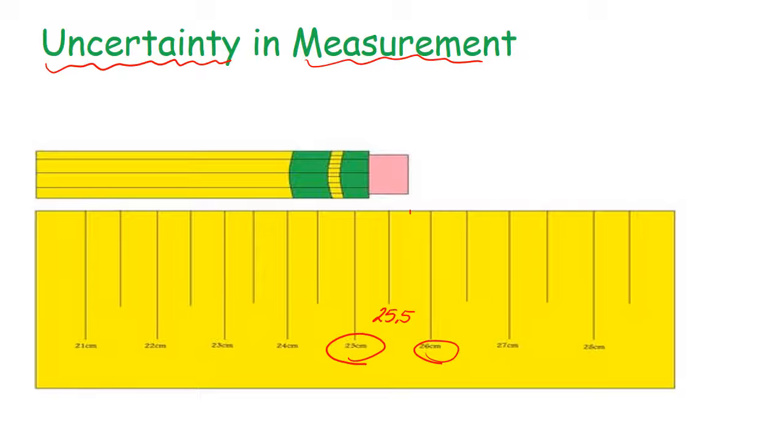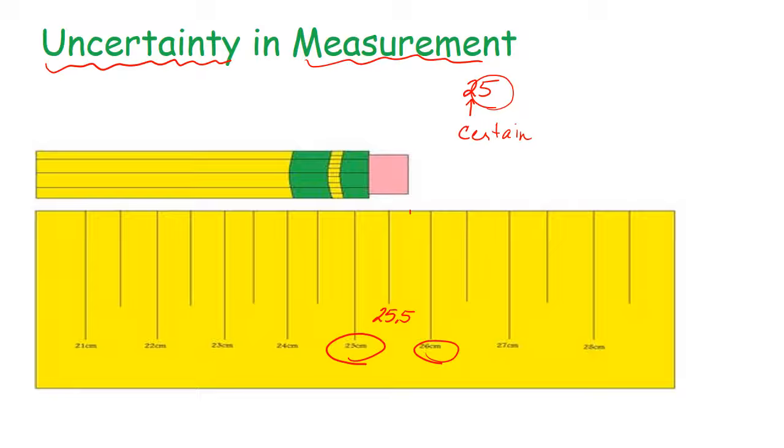If I reported my number as simply 25 centimeters, then I'm communicating to my reader that I'm certain of this digit. But this is the one that I guessed on, and I wouldn't say that's accurate, because I'm not going to guess in the ones place. I'm going to guess somewhere in the hundredths place.